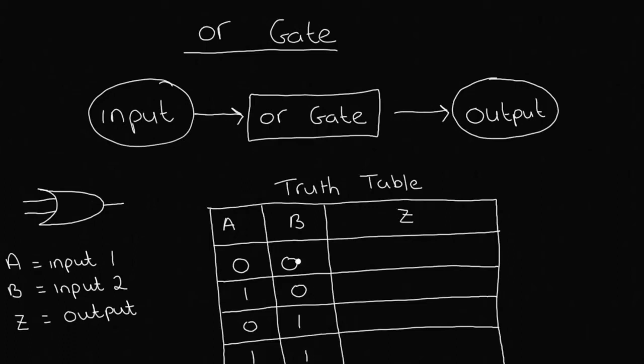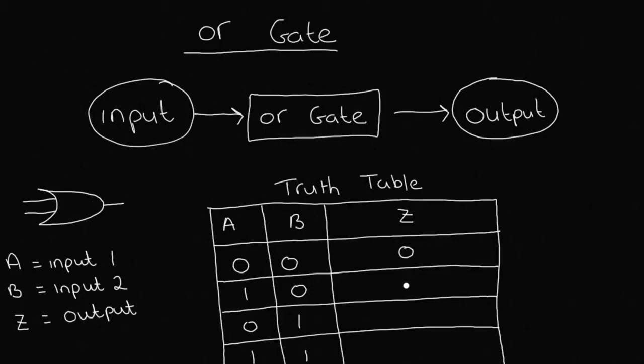Now, remember, with our OR gate, we're checking to see if one or both of our inputs are 1. If one of our inputs is 1, our output will be 1. Or if 2 of our inputs are 1, our output will also be 1. So the only problem we have is when our inputs are both 0. So we can see in this first example we have 2 zeros. So there's nothing we can do with that. Our output will be 0.